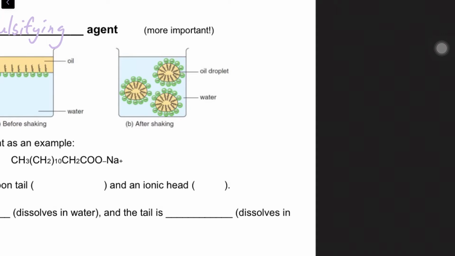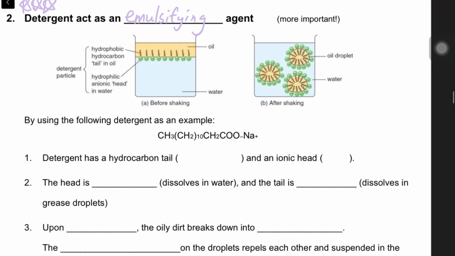Now, you can see the whole surface of the oil droplet carries negative charge. That means they will repel each other, or you can say they tend not to merge again. This emulsion is more stable, and with the larger surface and the negative charge on the surface, the oil droplet can be washed away by water more easily.